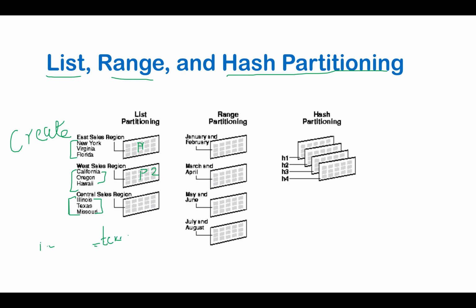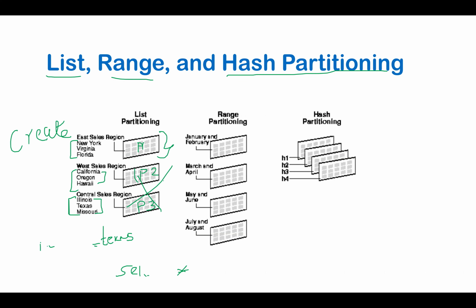Which partition will it go to and be stored in? This particular record will be stored in the third partition. If you use any other region, like New York, it will go to the first. When you select star from the table name where region equals some sales region, Oracle will not search the other two objects. It will search only this particular partition.